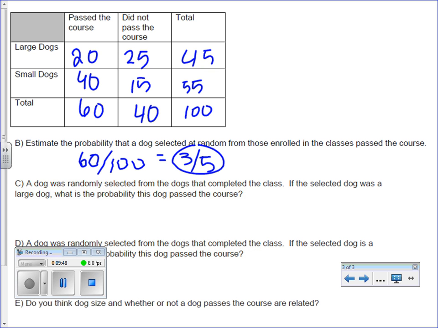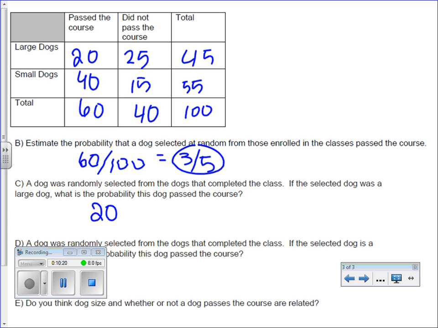Okay, part C. A dog was randomly selected from the dogs that completed the class. If the selected dog was a large dog, what's the probability this dog passed the course? So if the selected dog was a large dog, well, it says that there are 20 dogs that are large and pass the class.